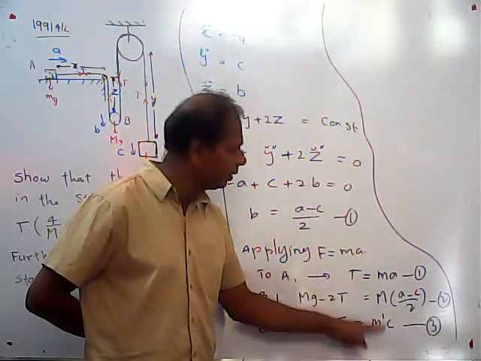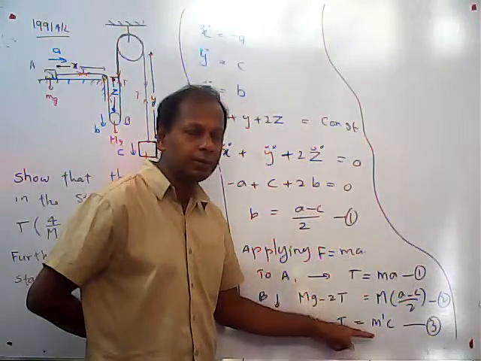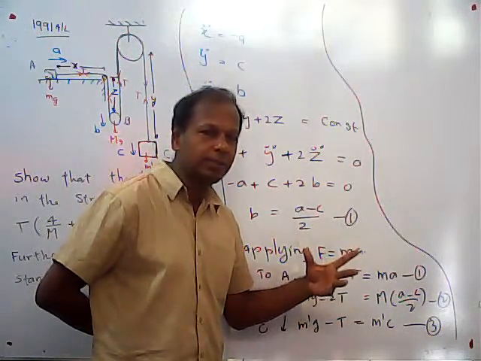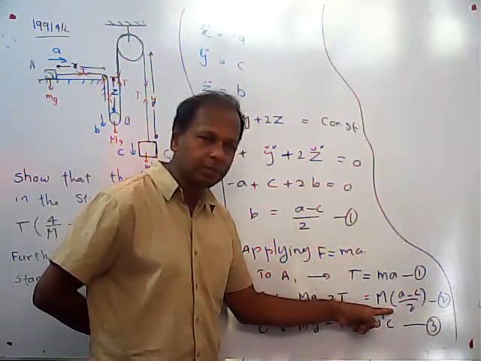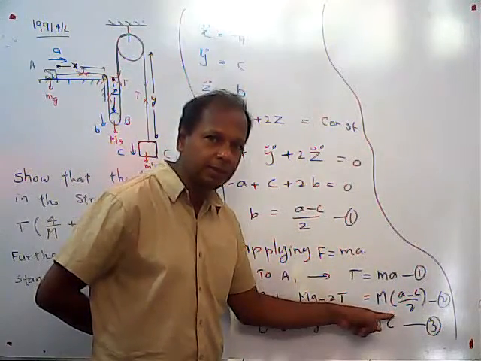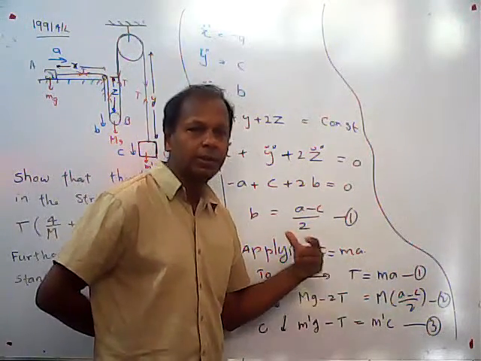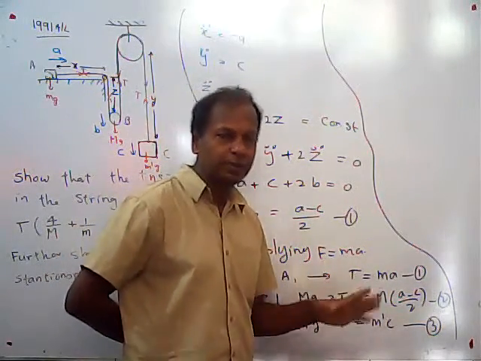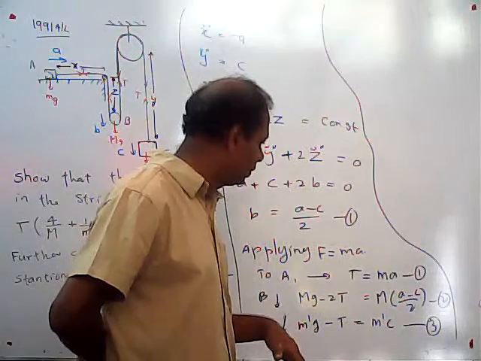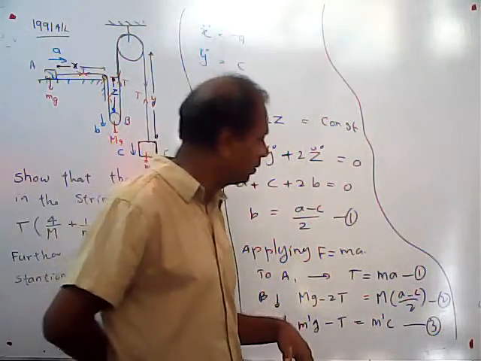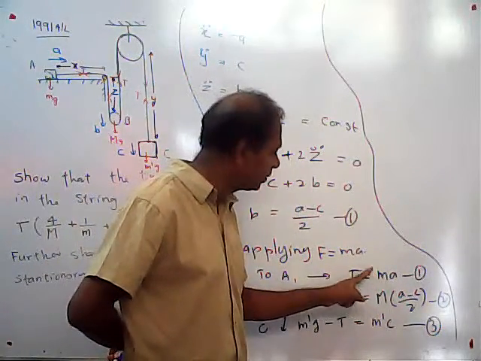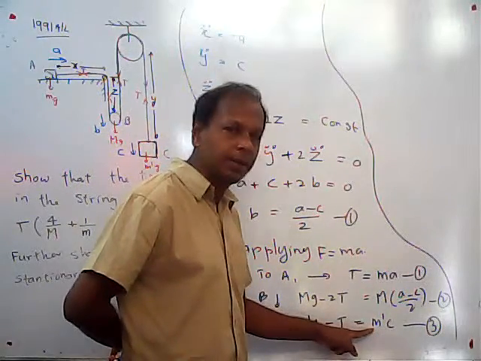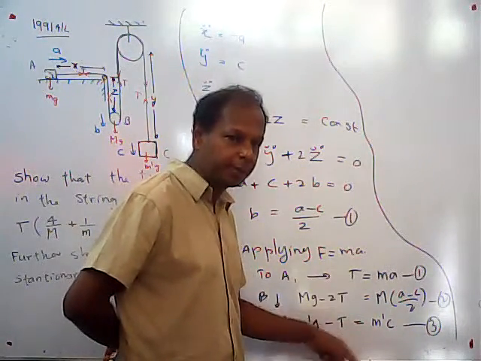So that will give a minus c. You can take that equation consisting of a minus c and take it with this and get rid of a minus c. So you will get an expression containing t. That's the quickest way of solving these three equations. Multiply this by m dash, this by m, and subtract.